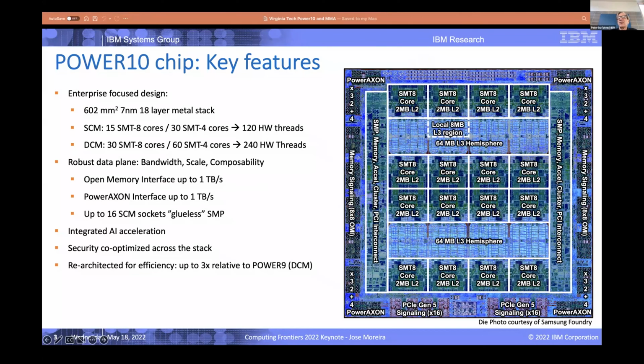So this 16-core processor is something you can compare to maybe a 32-core industry standard one. Very substantial amounts of SMP and memory bandwidth, up to 1 terabyte per second. And I'll go into that a little bit more.